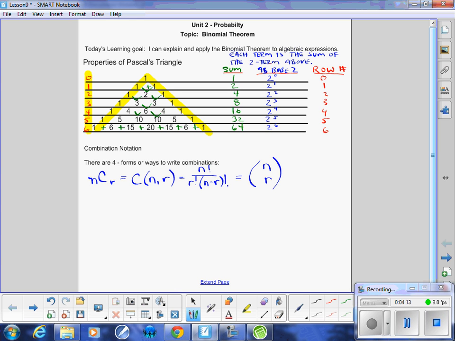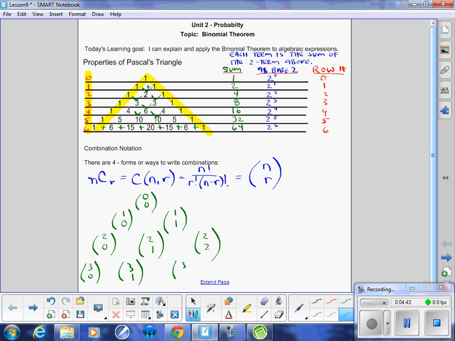Now, if we look at Pascal's triangle and we use combinations, an interesting pattern occurs. If we plug this into the calculator, you don't really have to, but I'm going to do it for us here. If I do 0 choose 0, and then 1 choose 0, 1 choose 1, 2 choose 0, 2 choose 1, 2 choose 2, 3 choose 0, 3 choose 1, 3 choose 2, 3 choose 3.